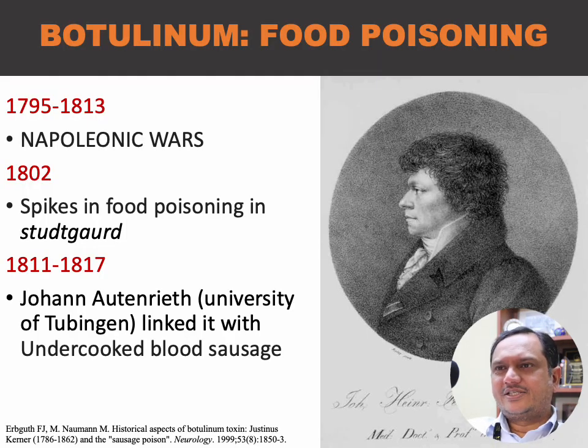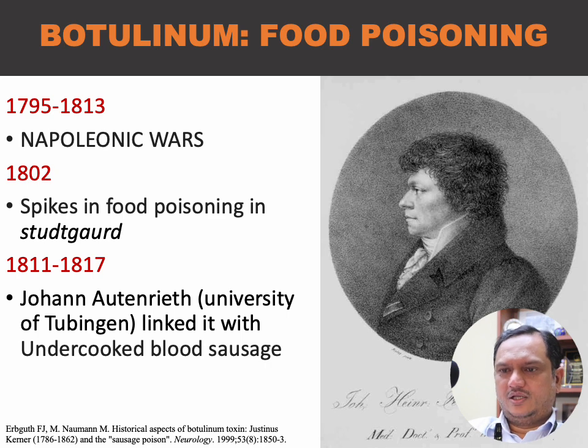Botulinum comes from food poisoning. The word botulus comes from undercooked blood sausages, botulus. And from there, the term botulism, or botulinum food poisoning, comes in. This became very notorious during the Napoleonic Wars, where there was a lot of scarcity of food and there were big spikes in food poisoning in various parts of Germany, France, and Austria.